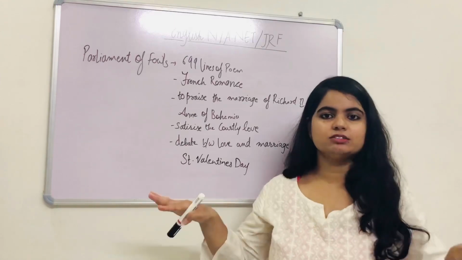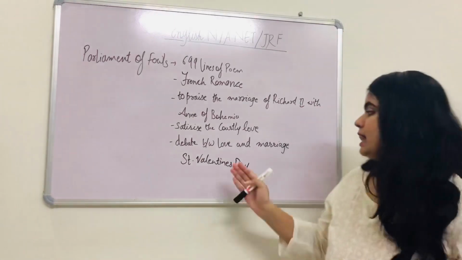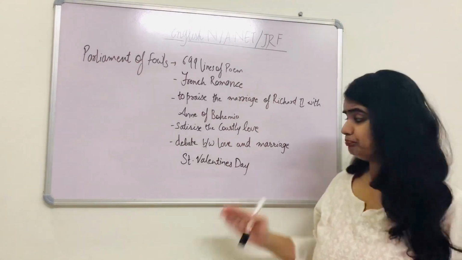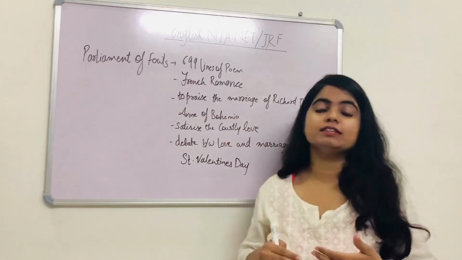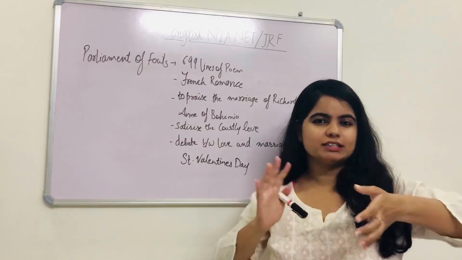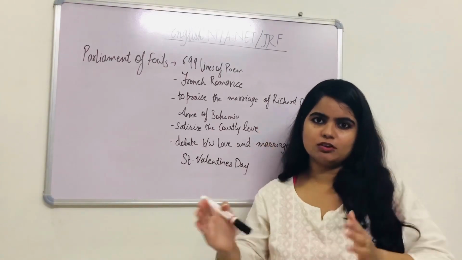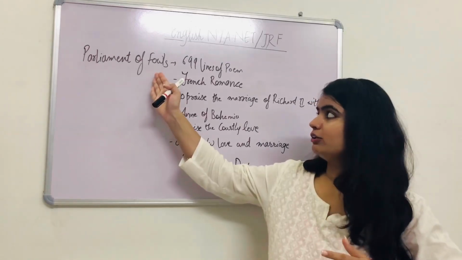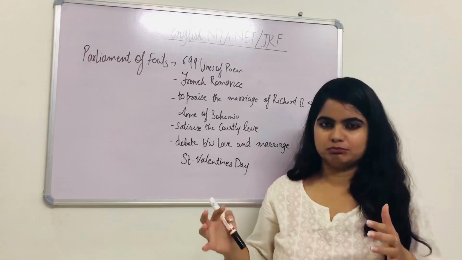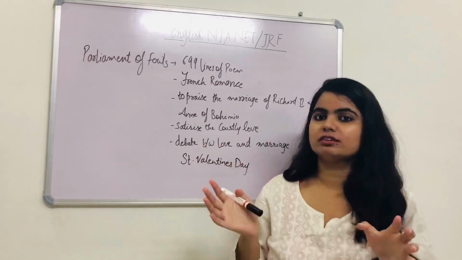There are a lot of eagles over there who are debating between love and marriage. So this is an unending debate in this poem. And further we see that there are differences, there are debates, there are arguments. So this is an ongoing debate. So Parliament of Fowls is a poem which is about different birds. Like, the birds are not real birds.